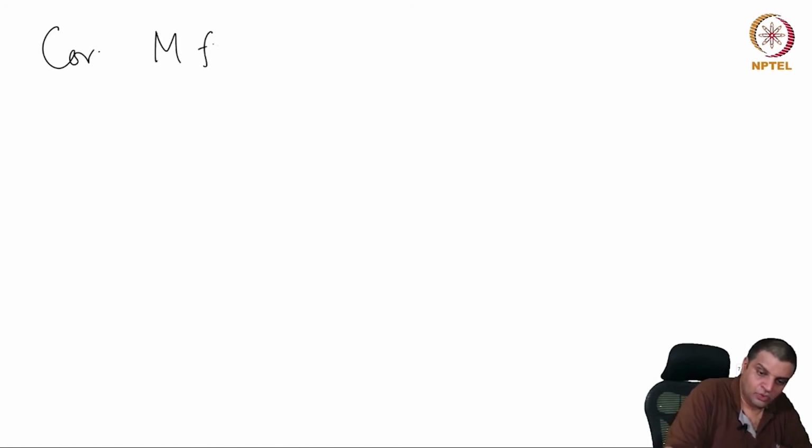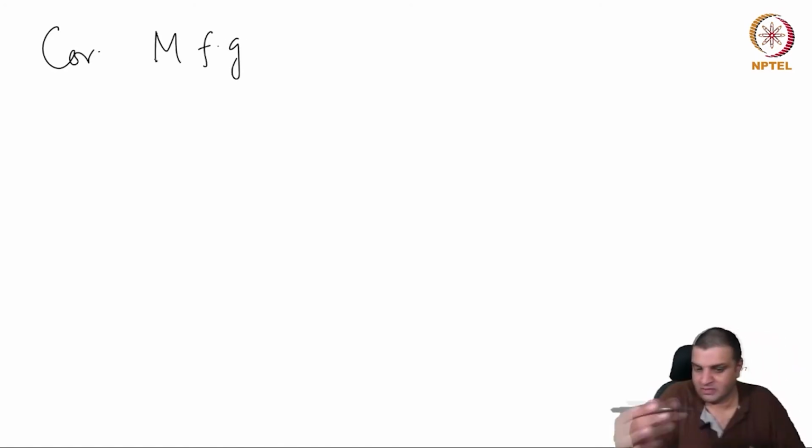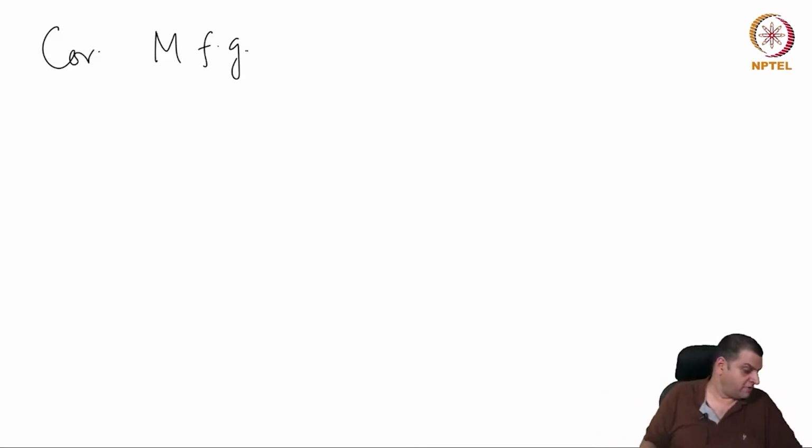Corollaries will always apply for finitely generated modules. Let M be a finitely generated module.